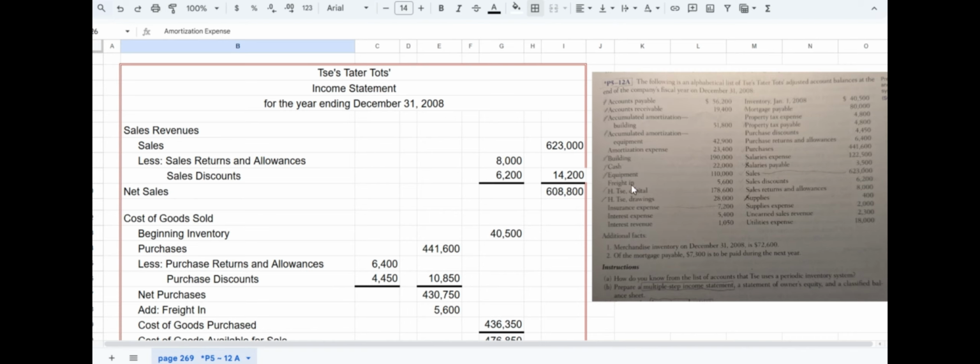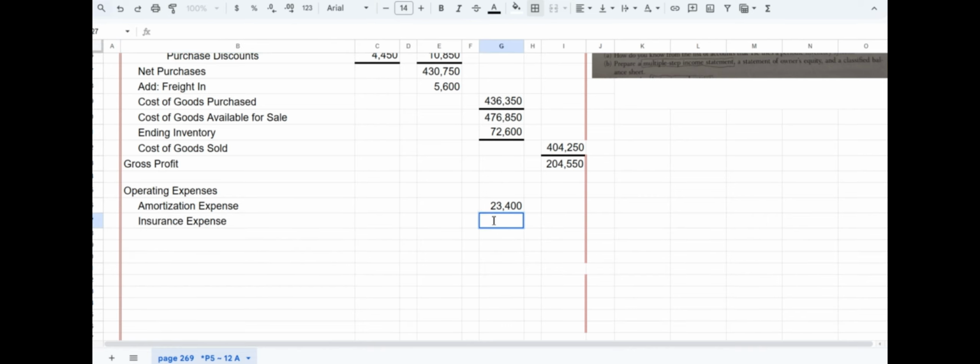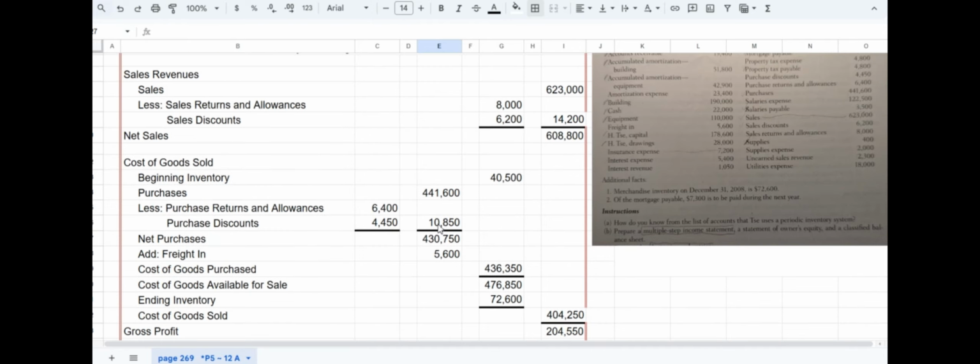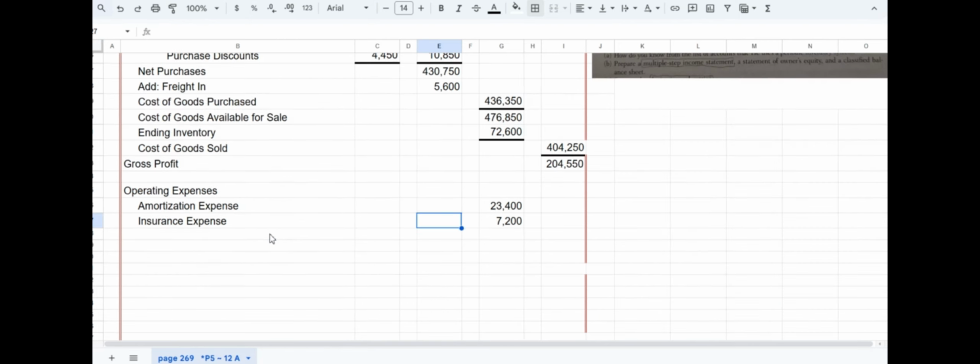We got insurance expense, 7,200. Interest expense, interest revenue, those are not operating expenses. These are other expenses and revenue. But property tax expense, that goes under operating expenses, and it's 4,800.